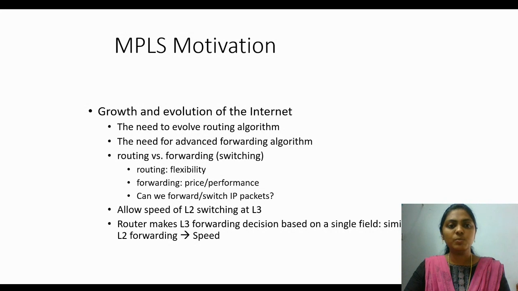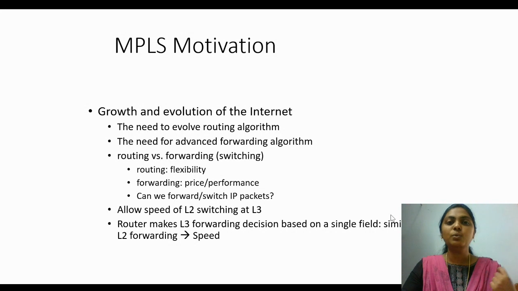And the third motivation is the evolution of the internet. The internet is a fast moving world, so there is a need for a newer routing algorithm or an advanced forwarding algorithm. The comparison between routing and forwarding tells what the key features are and what is expected from the technology and the protocol, which is performance as well as speed.